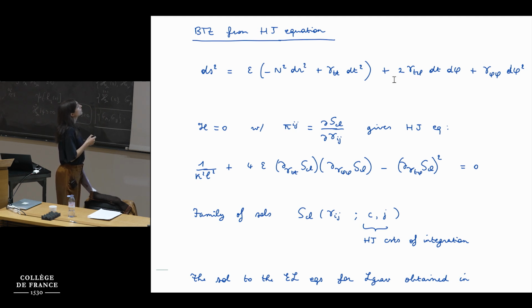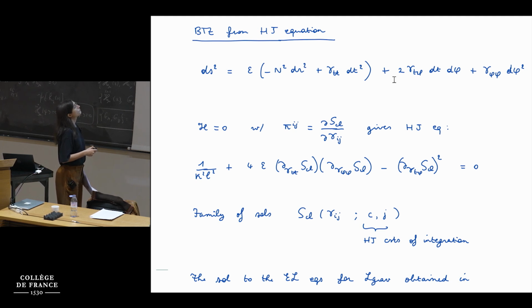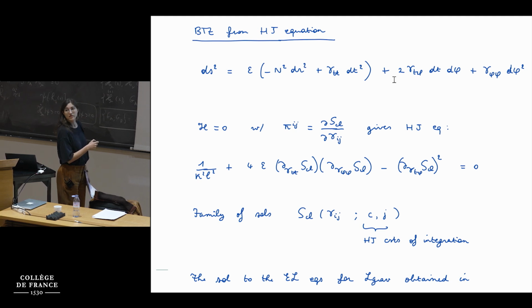Good, so the starting point is again the same radial ADM ansatz for the metric that we had before, except that I've added here this epsilon, which is just a sign. It's because we want to construct the BTZ geometry in one go, both in regions where r is space-like and in regions where r is time-like.